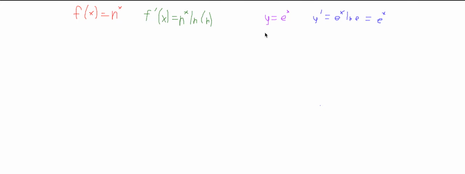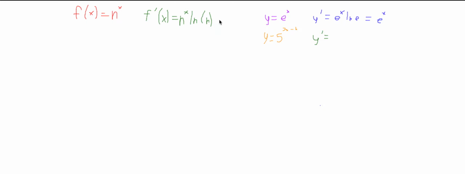So now let's do another problem here. Let's do y equals 5 to the power of (3x minus 6). How will we find the derivative now? Since we have a function in the exponent, we have to use the chain rule here.